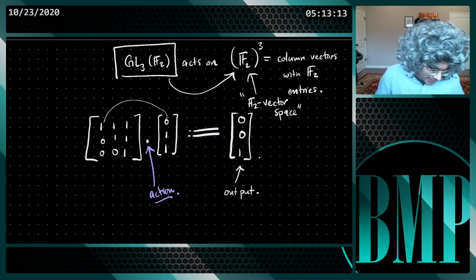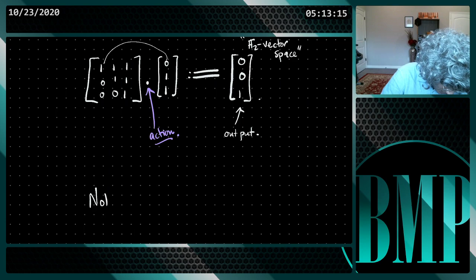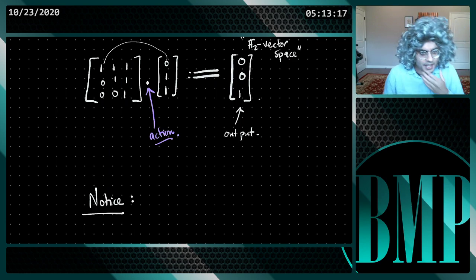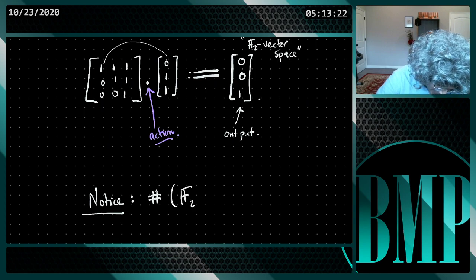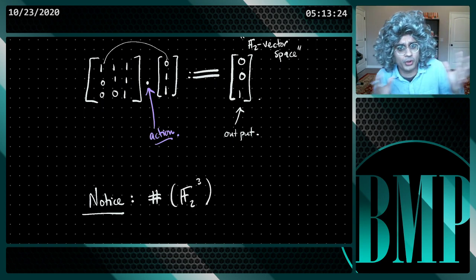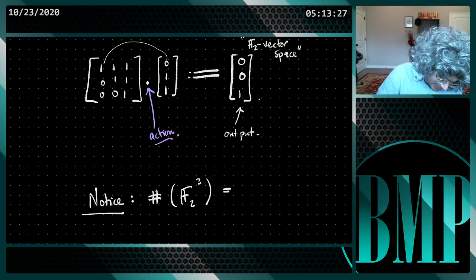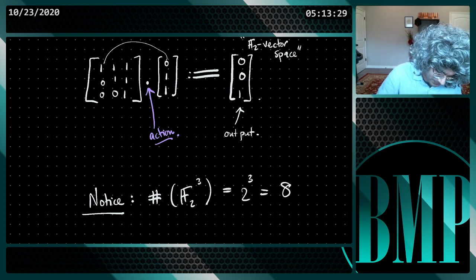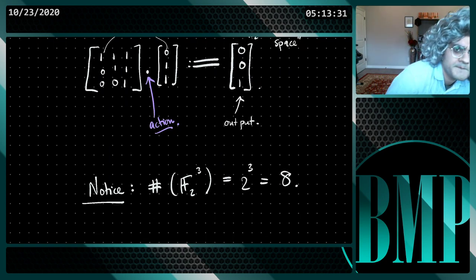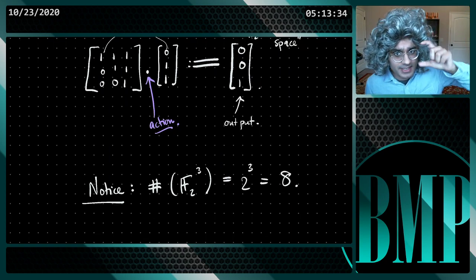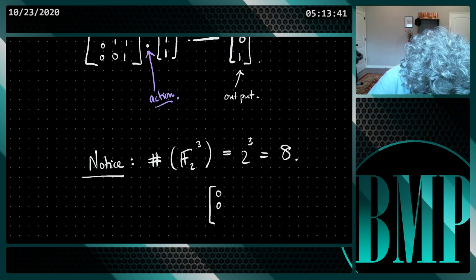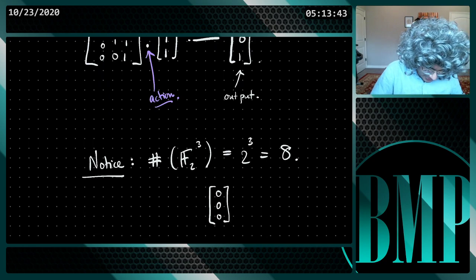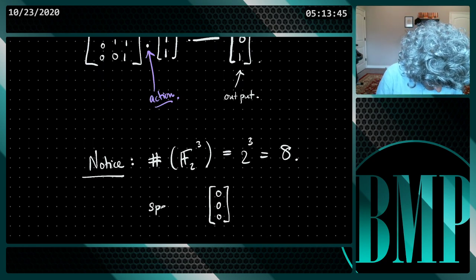Notice the number of elements in this vector space, the total number of columns possible, is 2 cubed, which is 8. But there's this one vector called the 0 vector, a special one.